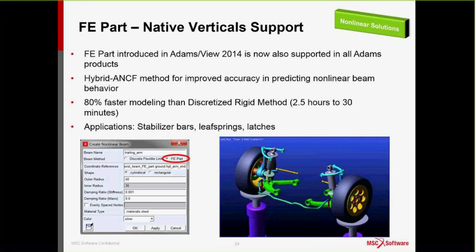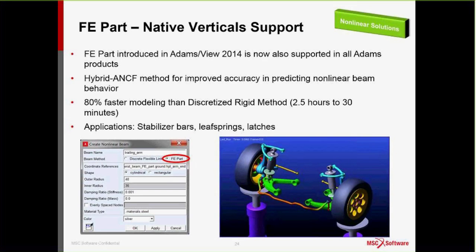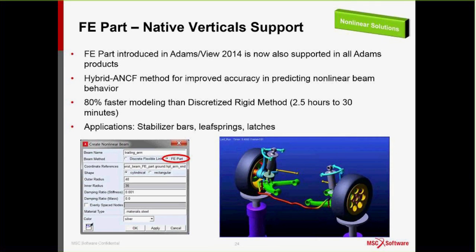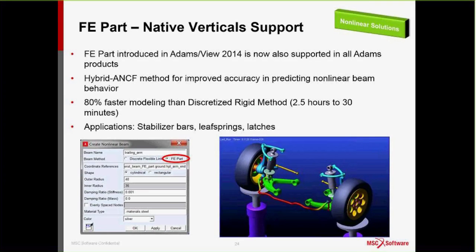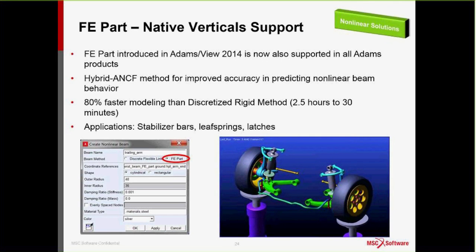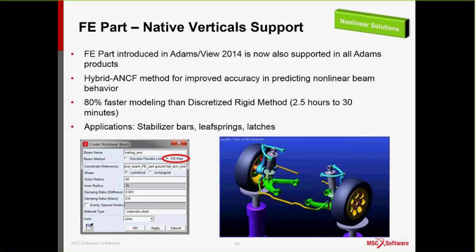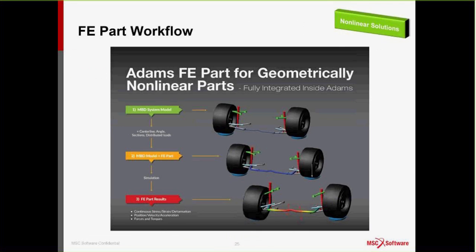So with this in mind, the FE part, again, is ANCF, it's actually a hybrid ANCF approach. It uses a geometric exact beam formulation as well. It's something that we developed inside and have published about. So it's, again, useful for those geometrically nonlinear use cases for beams. And springs, in particular, are a target use case with this technology for vehicles.